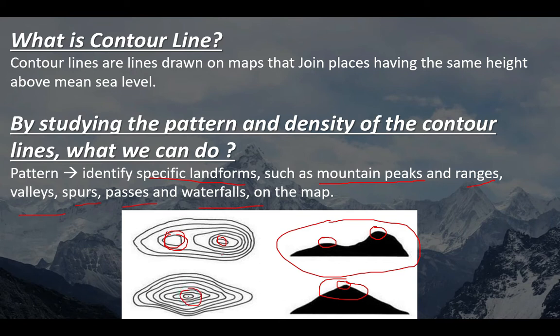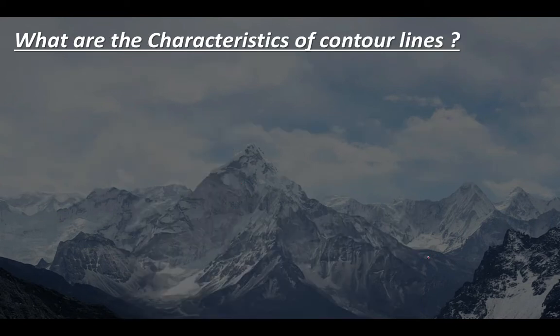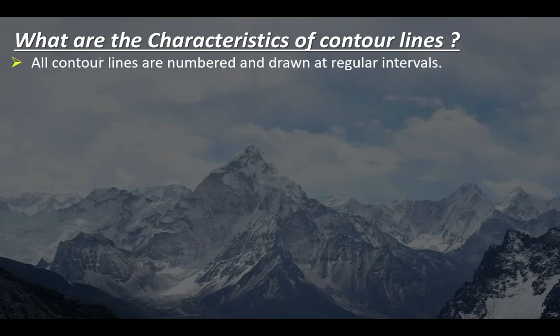Okay. So what are the characteristics of contour lines? All contour lines are numbered and drawn at regular intervals. The numbers are given in meters.